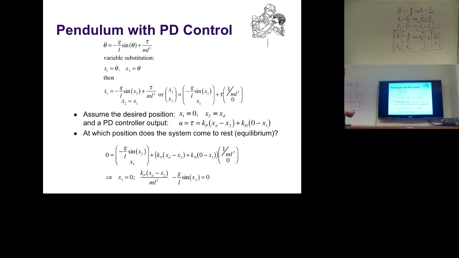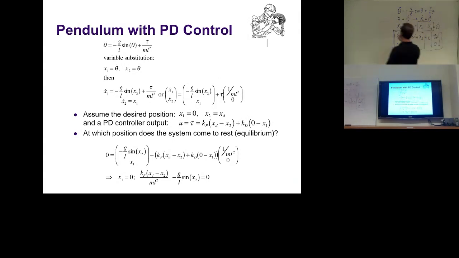Good. What comes next? We want a particular goal for our pendulum system. So the goal is that the position is at a particular desired state, xd, and the velocity is 0. So remember, x1 is the velocity, x2 is the position.